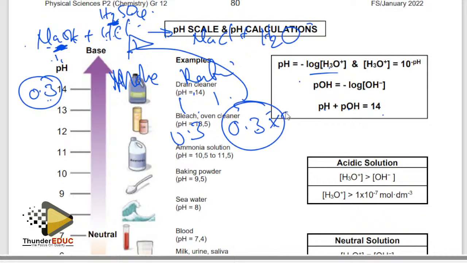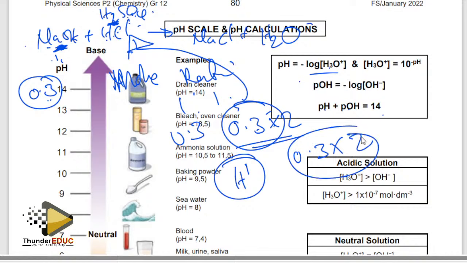So I have to multiply it by 2 so that I know the actual number of hydrogen ions, because sulfuric acid is a diprotic acid which produces 2 of them. So if the concentration of sulfuric acid is 0.3, I have to multiply it by 2, and then I can use it to find the pH. If it is 3, then I have to multiply it by 3. If it's 1, then I just apply it the way it is.